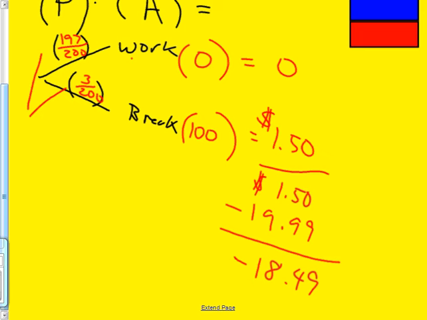Either one day I got $100 and I only paid $20 for this warranty, or most of the time I'm putting in for a warranty and I get nothing. But on average I would lose. Yeah? It's not surprising to lose because they make a profit, but it's a lot of profit. It was really worth about $1.50 and I paid $18.49 for it. So that's a pretty standard deal.